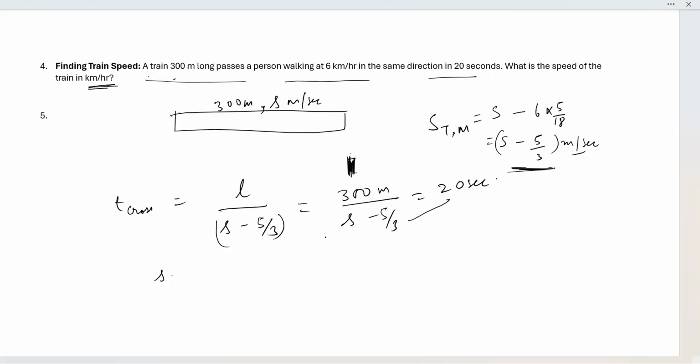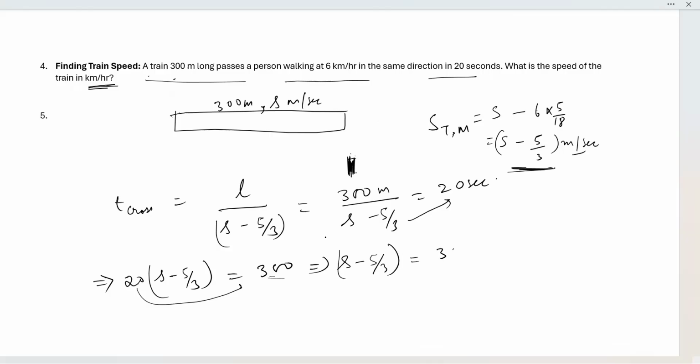So this becomes S minus 5 by 3 into 20 is equals to 300. So I'm taking this 20 here. Here it is in multiplication. It will go here in the denominator. So this will become S minus 5 by 3 equals to 300 by 20 equals to 15.